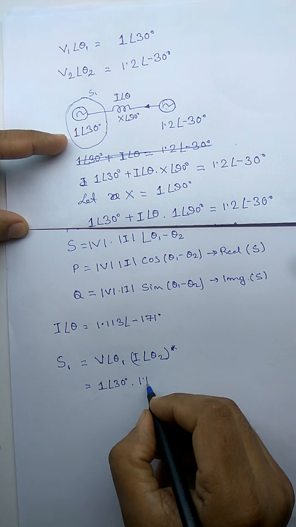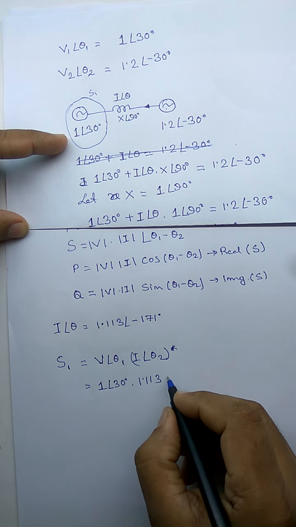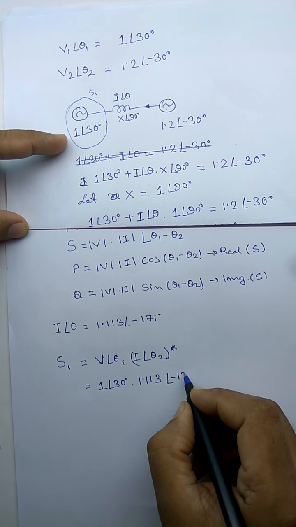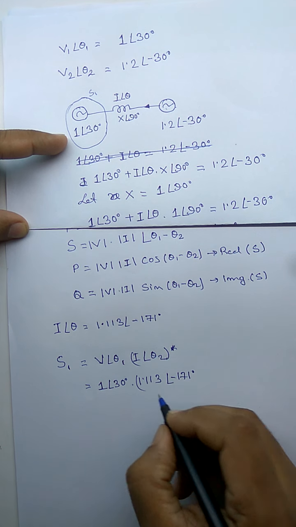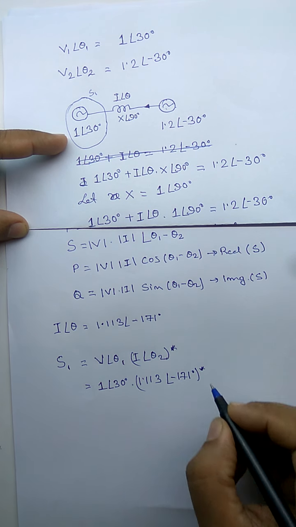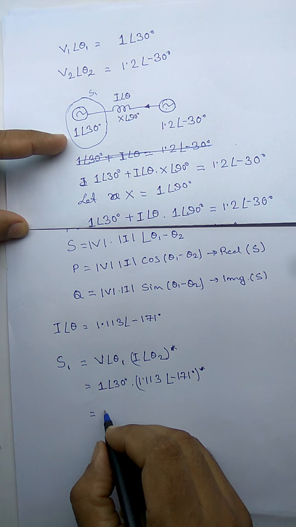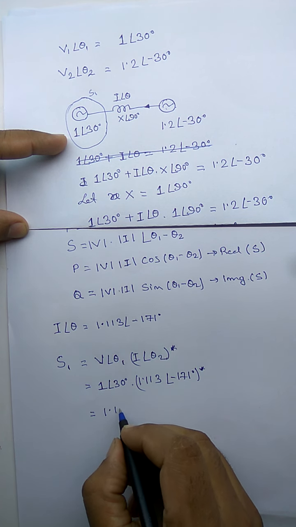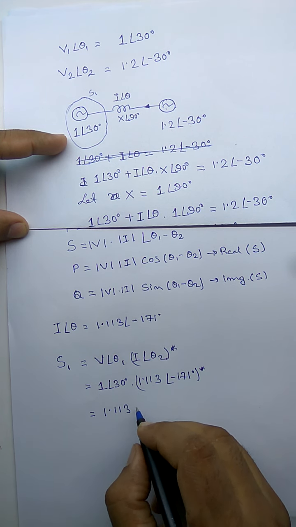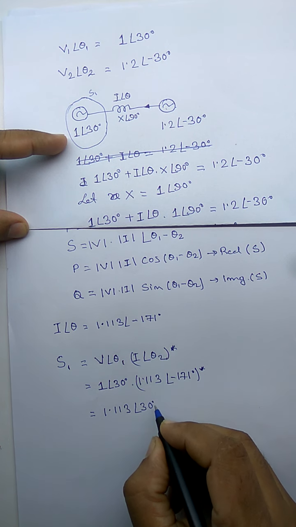I is 1.113 at an angle of minus 171 degrees, conjugate of this.